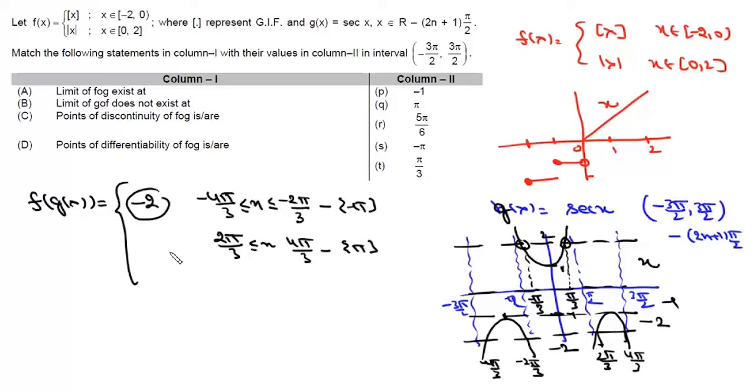So this definition is -2, and at x equals minus pi and plus pi, this value is -1, because these are the points where this value is -1.